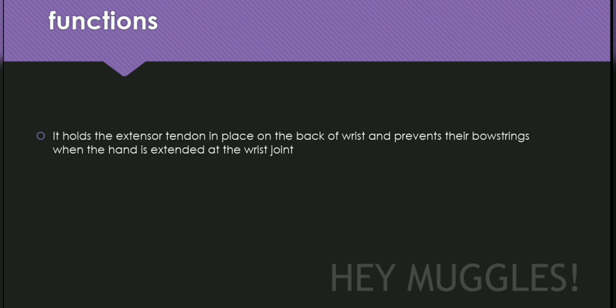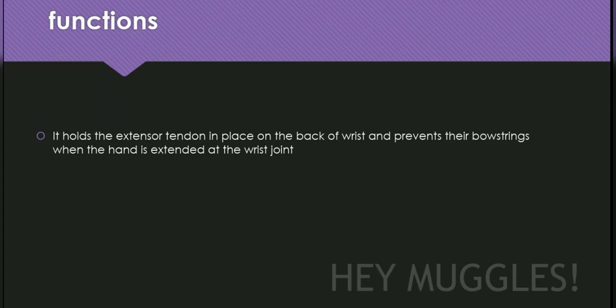Bowstringing occurs when the proximal pulleys of your fingers are damaged, when the proximal pulleys are not functioning well or there is a loss in the proximal pulleys of your fingers. So it prevents the bowstringing of your hand when it is extended at the wrist joint, and it also holds the extensor tendons in place on the back of your wrist.